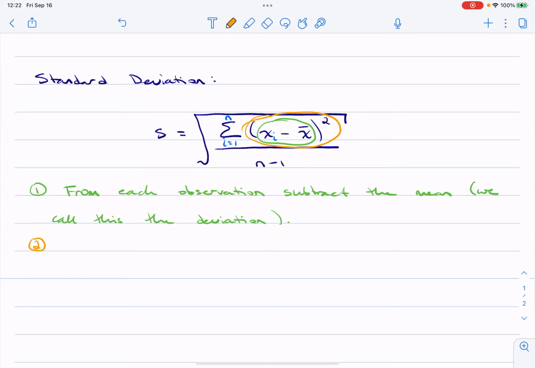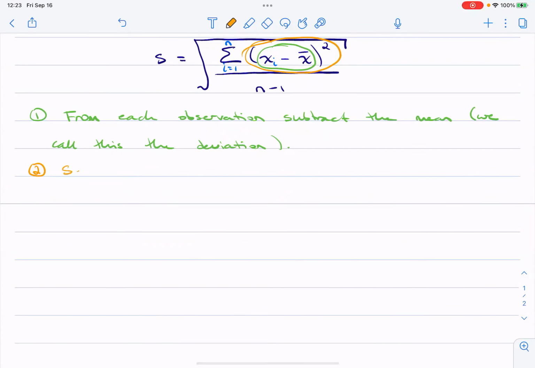So the second step here is you have to square each of the values. From each observation, you subtract the mean. Usually if I have to do it by hand, I start with my original data set and make a new column with each of the observations minus the mean. Then I make a new column where I square each of them. However you want to do it.